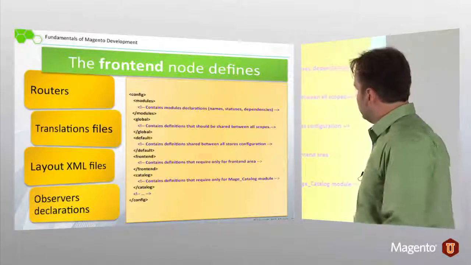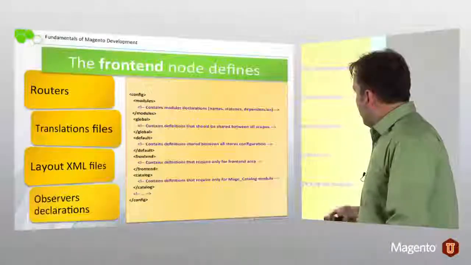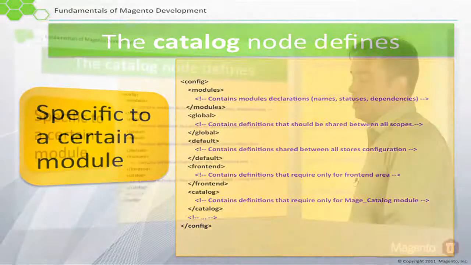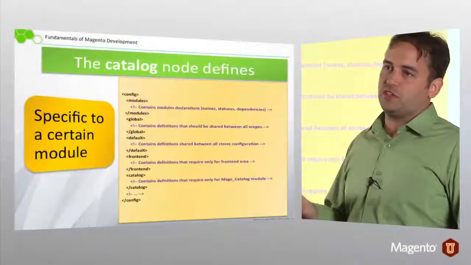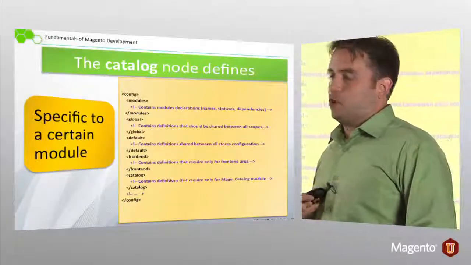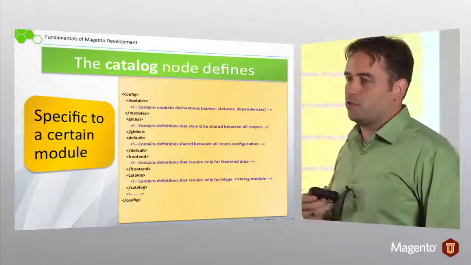So here or here. And then that takes us to something like catalog, which is basically a namespace node. Up to you. If you have your own module, you could put your module here and have some basic configuration there. That would be a great way to have some sort of default configuration for your module. When you hand out your module, you can specify something here, and then you would have a class that just uses Magento's configuration parsing ability to retrieve those values.